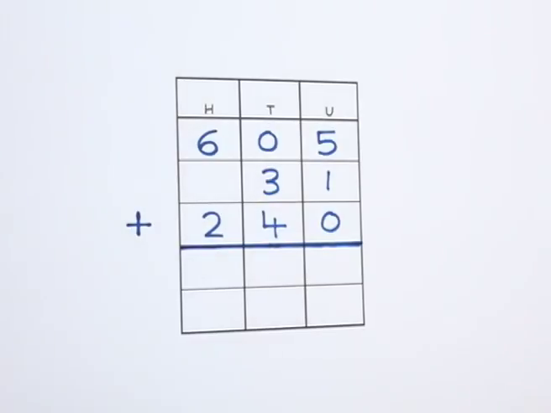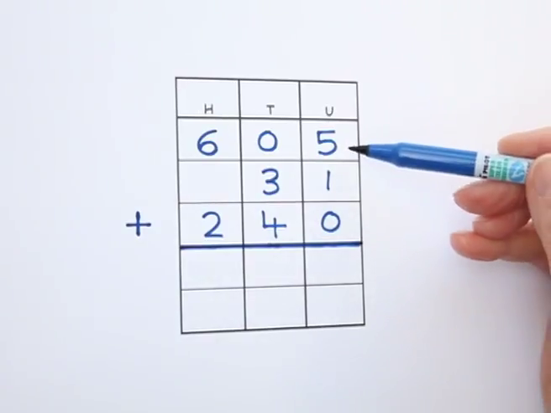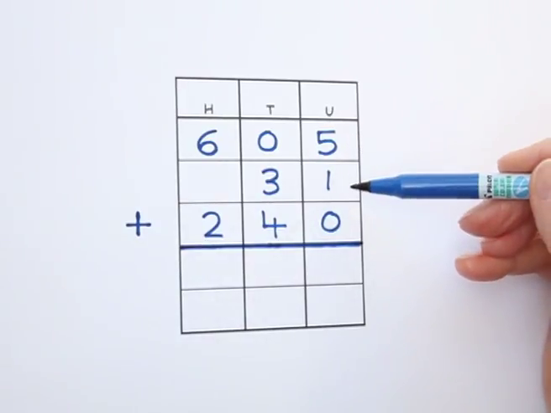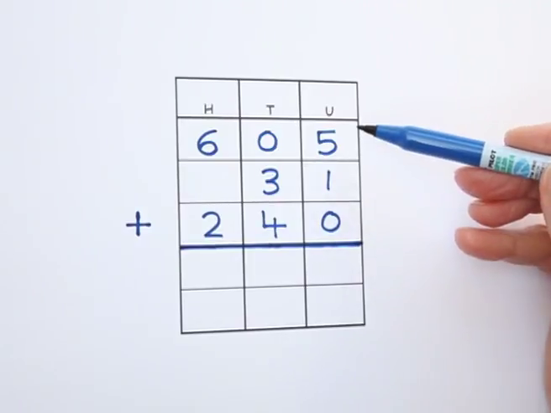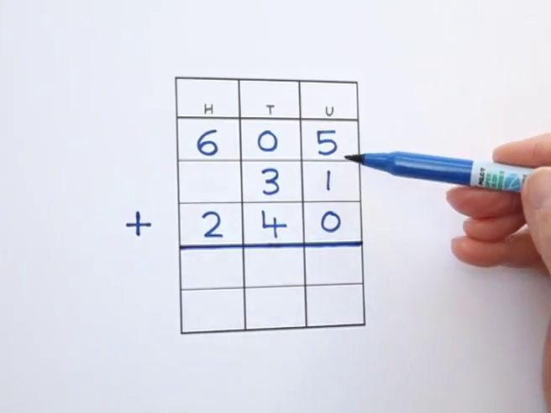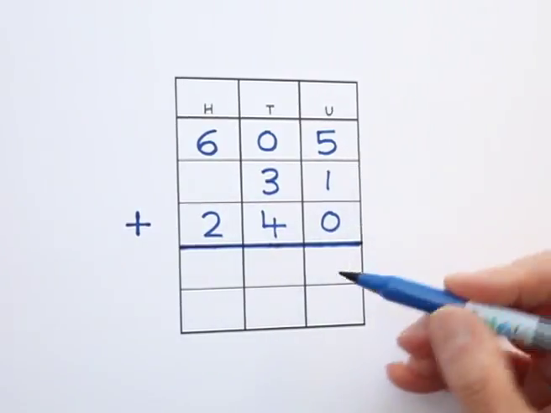You can, of course, add more than 2 numbers. Use exactly the same method. Line up the numbers to finish with the units in the line at the right. 605 plus 31 plus 240. Starting with the units, 5 add 1 is 6, nothing is still 6.